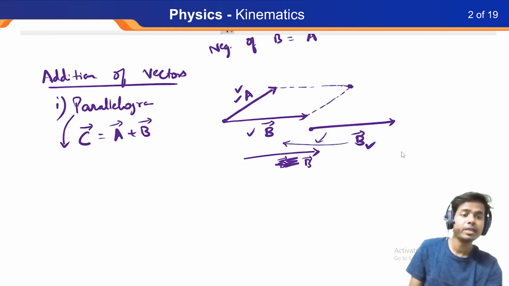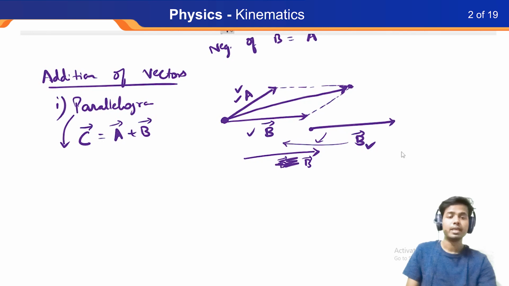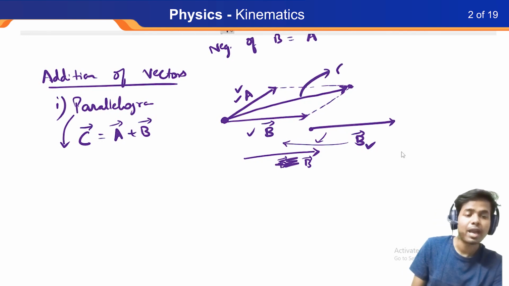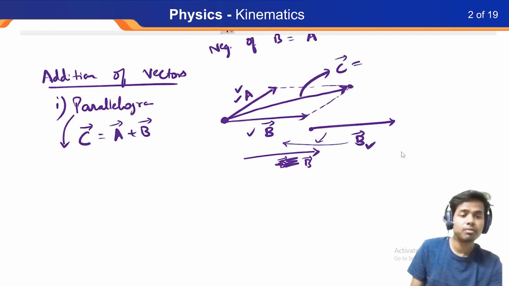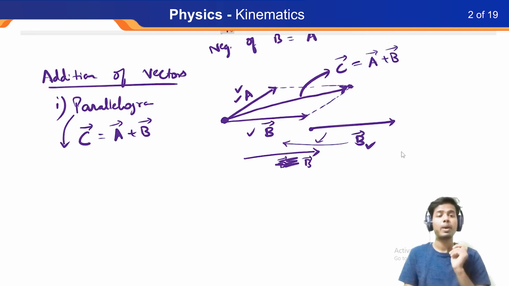From the point where they touch, from the initial tail, you draw a new vector which is actually the diagonal of the parallelogram, starting from the tail and ending at the other side of the parallelogram. This new vector, what we have here is c vector. It is nothing but the addition of these two vectors. So this is the parallelogram law of vector addition.